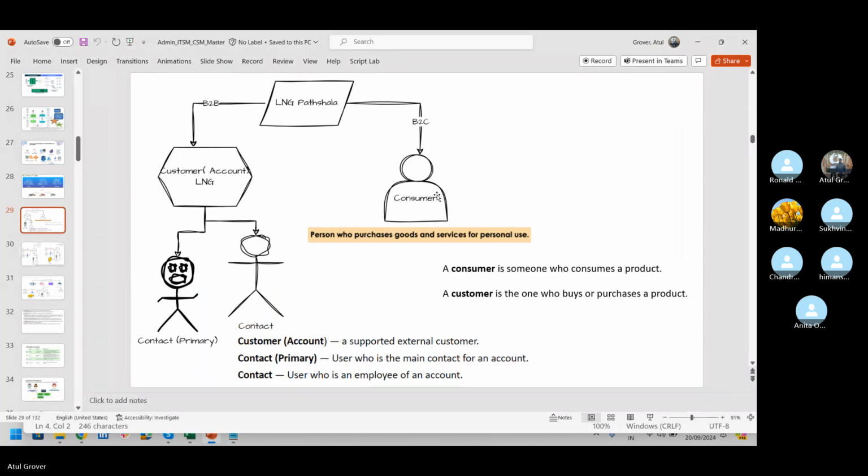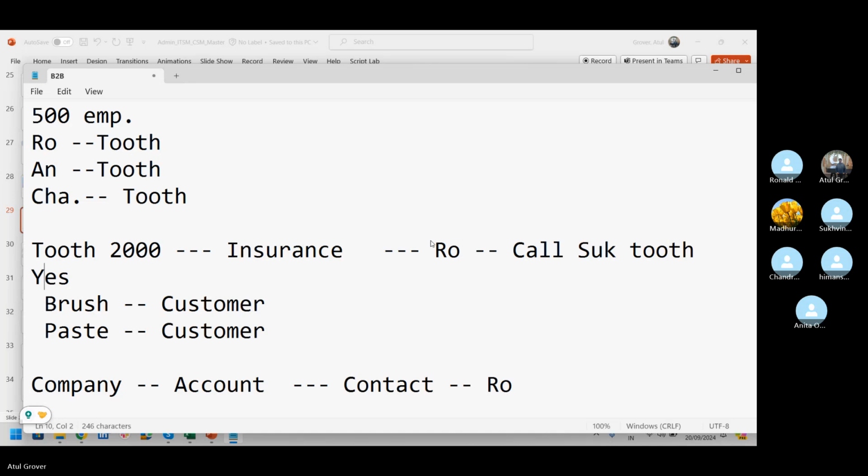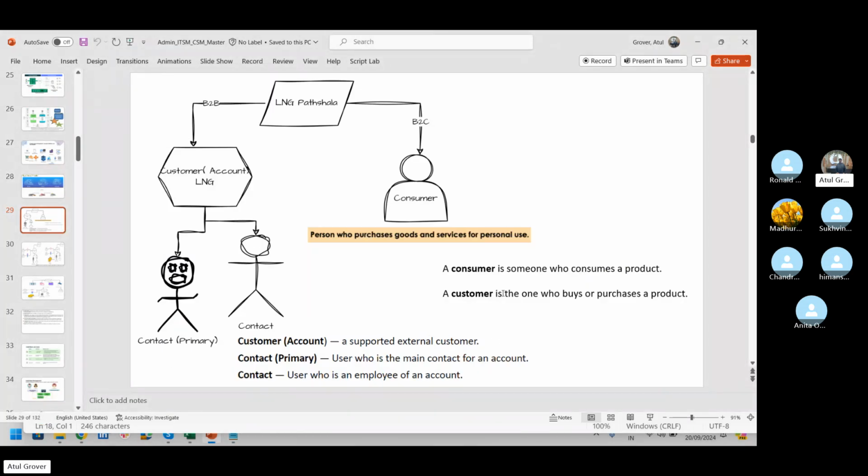And consumer: a person who purchases goods and services for personal use. This one. Someone who purchases an insurance policy for personal use has no relationship with companies, only with the business to consumer. Here there are two things.